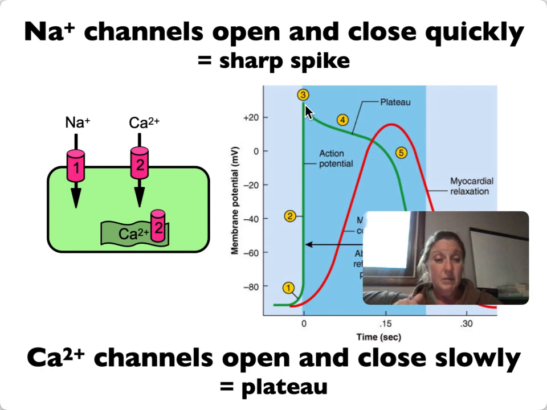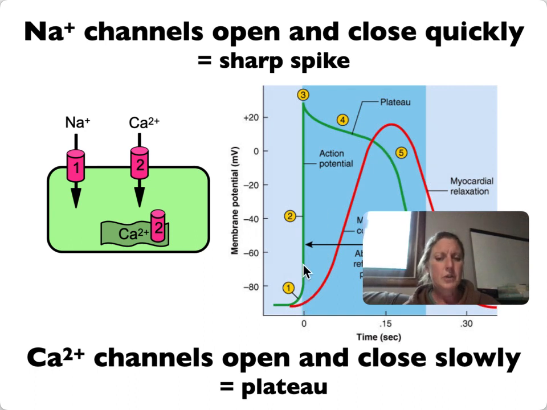The calcium channel has just gotten up. Now the sodium channel is already closing and sitting back down. And so we do have the charge becoming more negative again for that reason. But it doesn't go right back down because the calcium channels are still open. They haven't gotten back to their closed position.